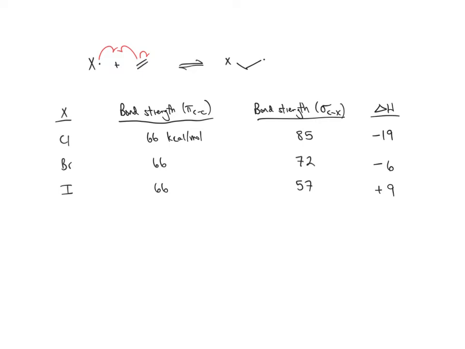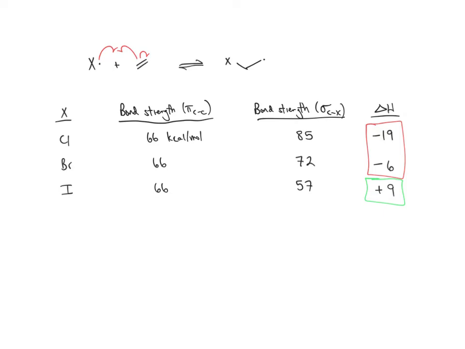And so what you end up with are two exothermic reactions and one endothermic reaction. Well, this should tell you that the endothermic reaction, plus 9, is not viable for radical addition to alkenes. For the radical HI addition, the first propagation step is substantially endothermic, so the reaction fails.